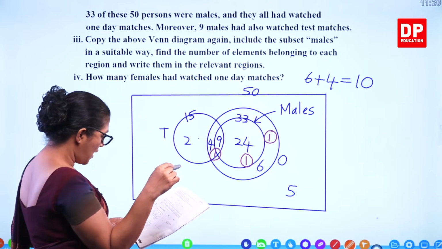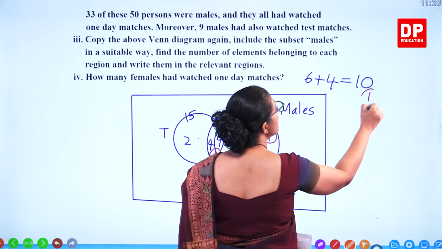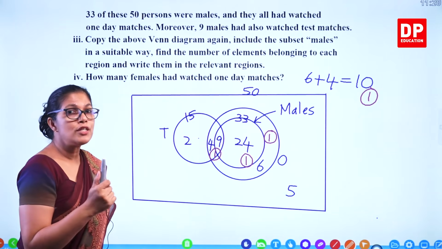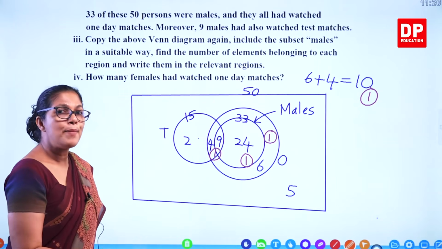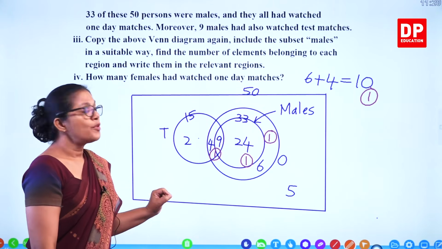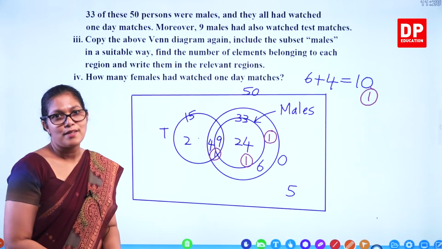So 3 marks for that, and finding 6 plus 4, 1 mark for this answer. So we completed all 12 questions in paper 2 2016 paper. So do the paper and check your answers by looking at my video.